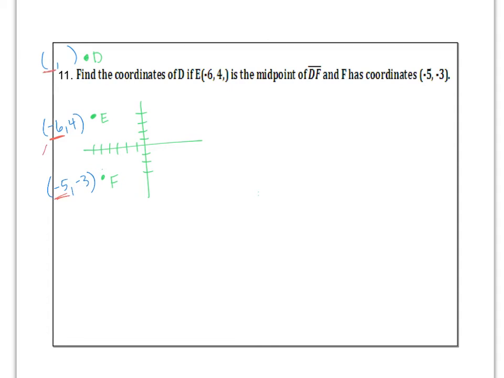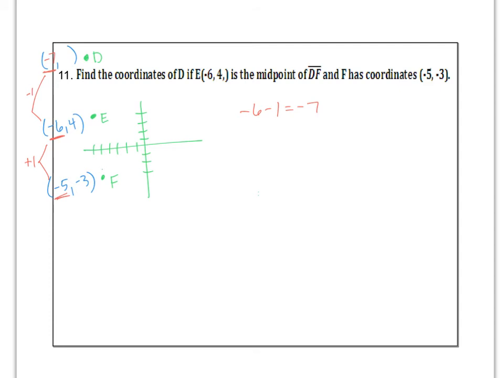So to go from -6 to -5, I actually add 1. And so to go the other way, I'm going to subtract 1. And so if I take -6 minus 1, I get -7. That is going to be my x value at D.